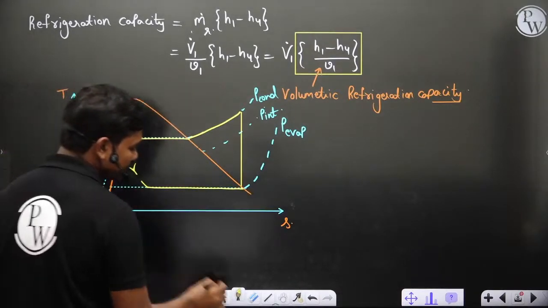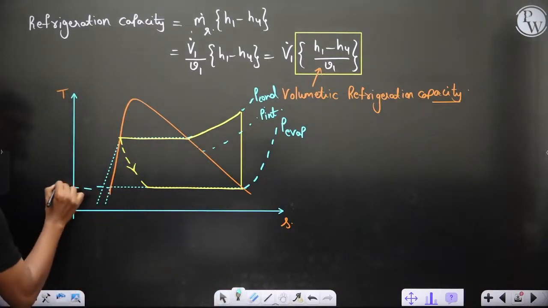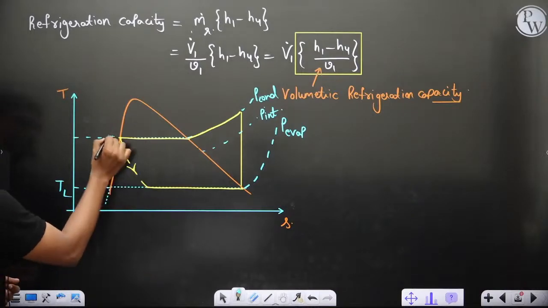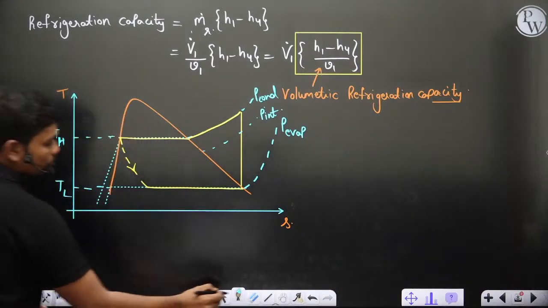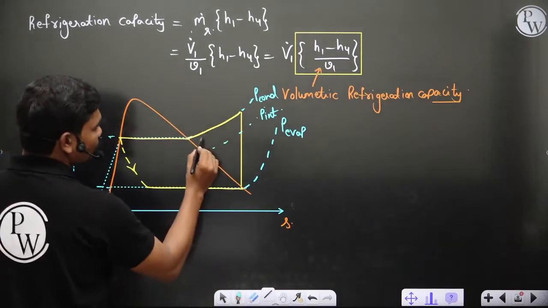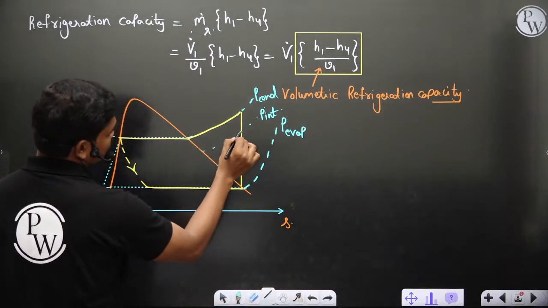Okay, so this is the situation, and clearly this is your TL, and this is your TH. Normally, of course, in case of Carnot, this is TH, but normally you have some mean temperature of heat addition. If you draw a Carnot cycle within the same domain, let's see what would have happened. You would have got something like this.